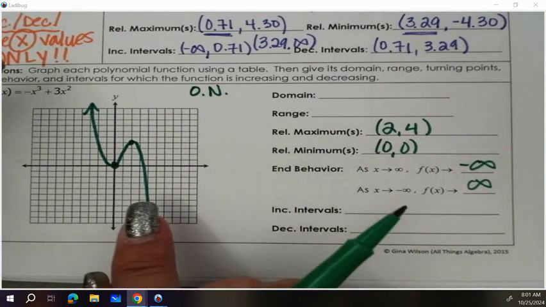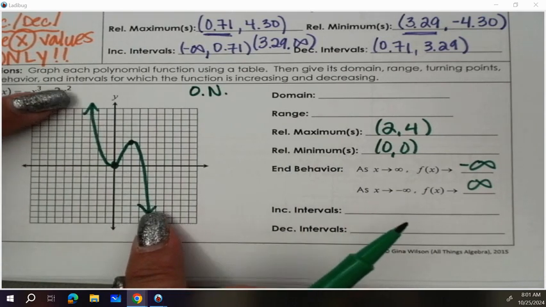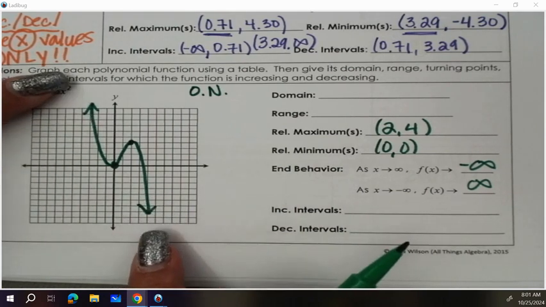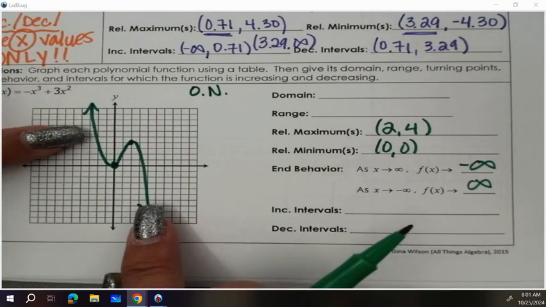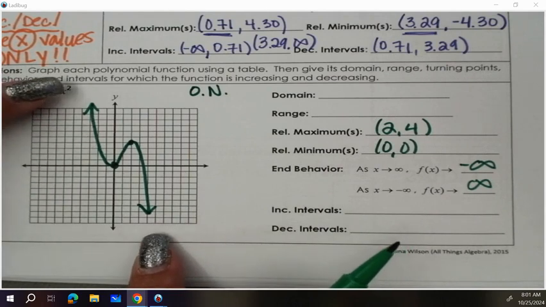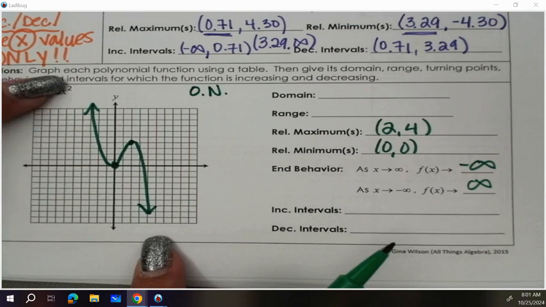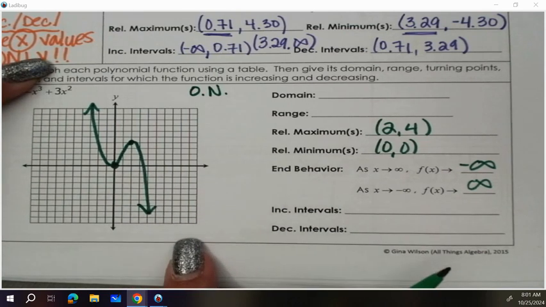What's the domain of this graph? What are the x values that are included in this graph? Is there anywhere that there's not going to be an x value? Do you think it's everything? Yes. Yeah, I think it is, because I think this is going to keep going this way forever, and this is going to keep going this way forever.